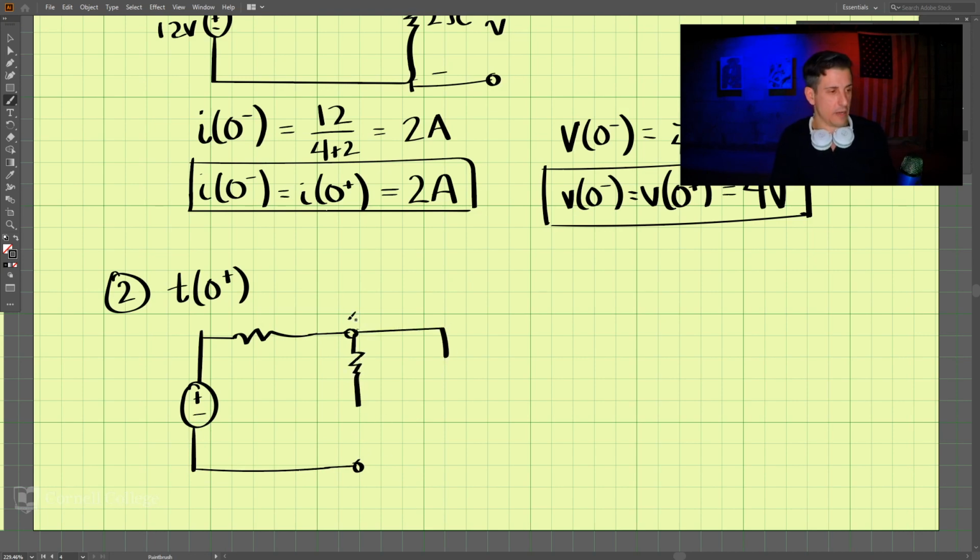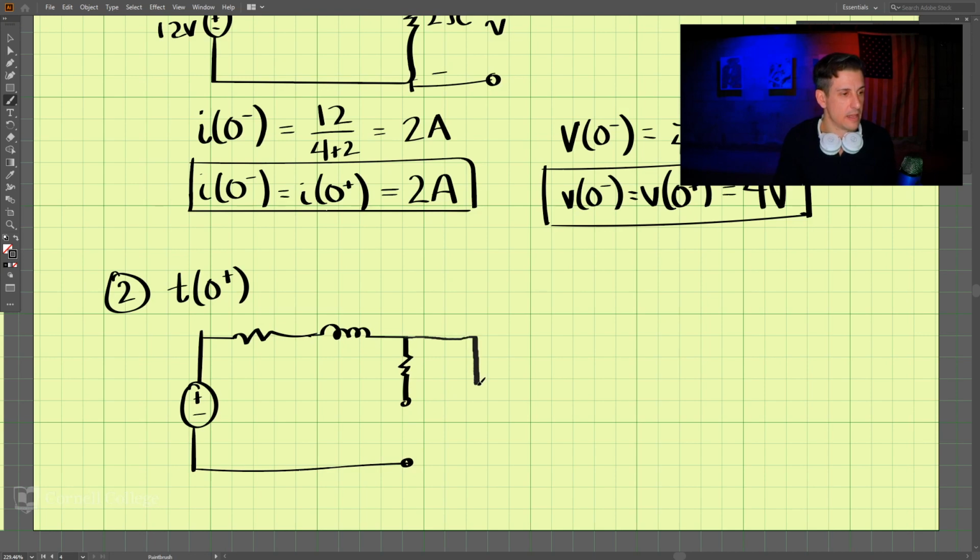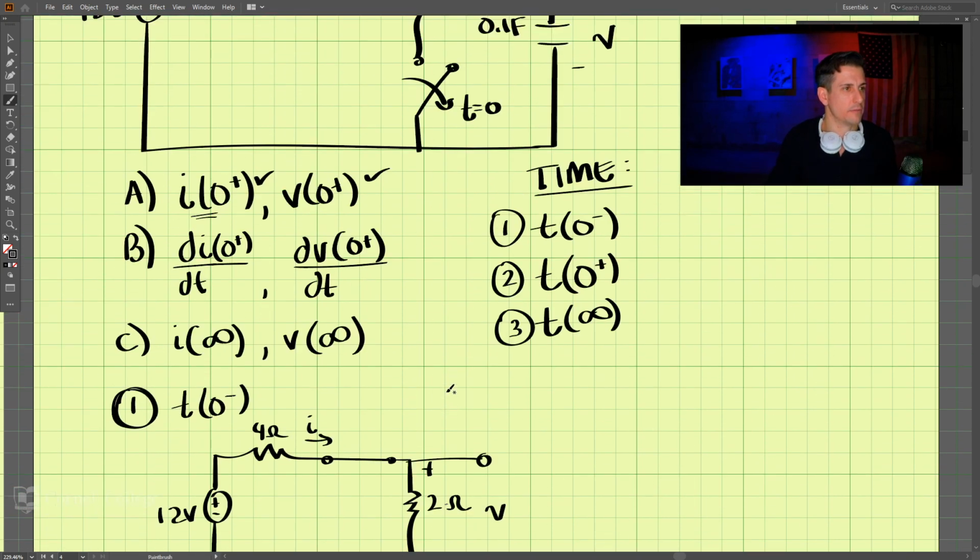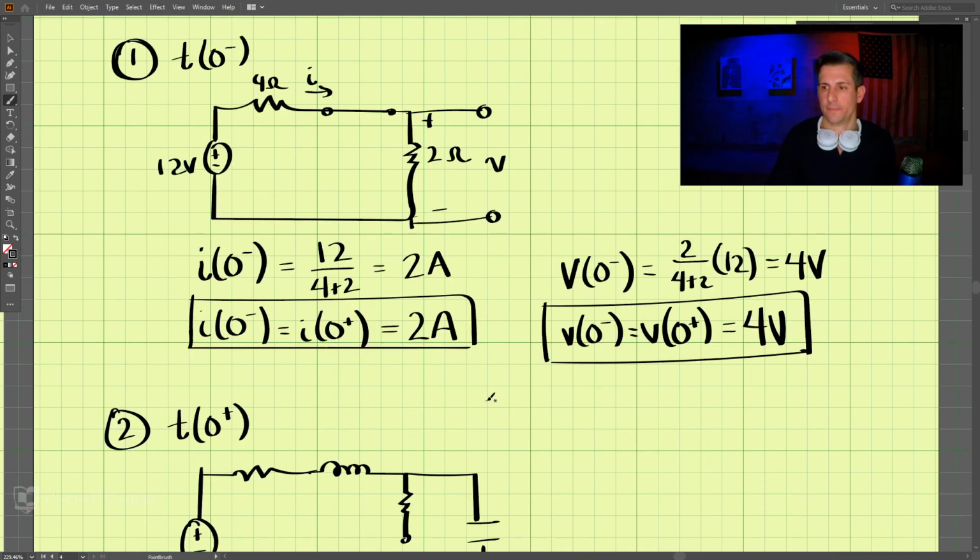And then, oh, I forgot my inductor. And then this is an open circuit now. And we have our capacitor over here, which is, what is that value? 0.1 farad.